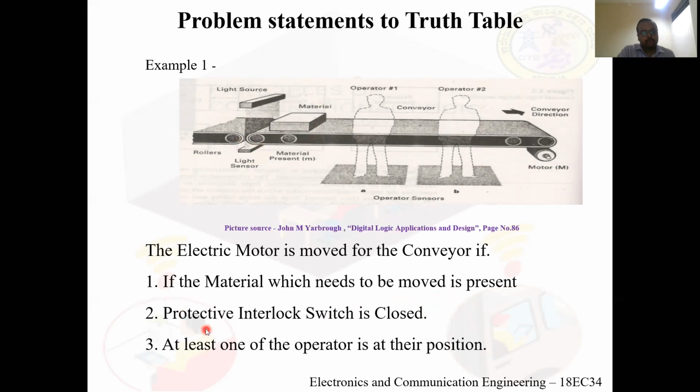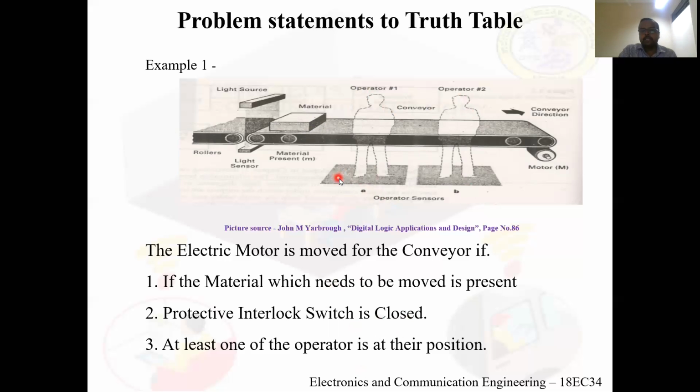Second, the protective interlock switch is closed. That protection switch needs to be closed. That is very essential. And what is the third condition? At least one of the operators is at their position. As you can see in the diagram, we have two operators, operator 1 and operator 2, A and B here.